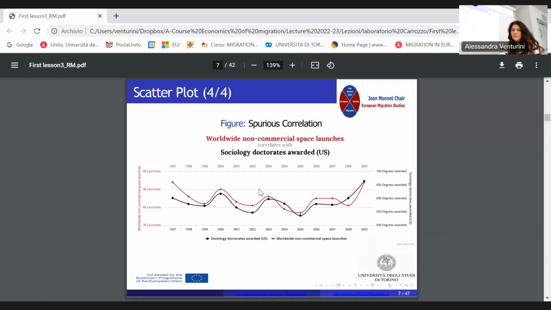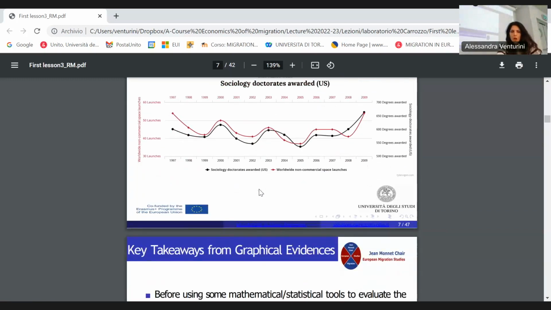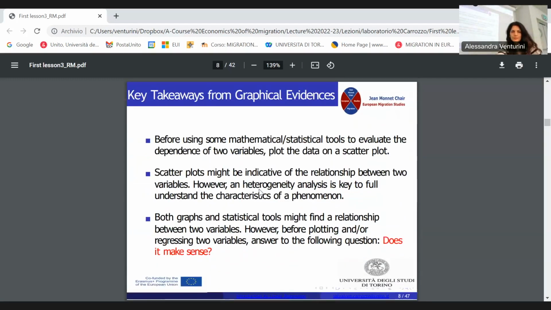Many conclusions and stereotypes about migration are based on exactly this wrong correlation, wrong links between variables, which jumps around the real causes of a phenomenon. So the point is, keep in mind that if something doesn't make sense to you, probably it doesn't.